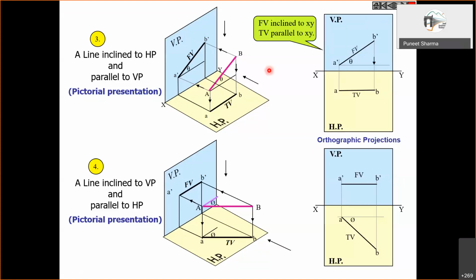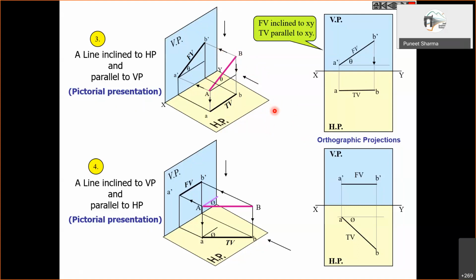If this inclination of this line AB is theta with the horizontal plane, then whether it is parallel to the vertical plane or not, its distance of this B dash from the XY line will continue to remain the same, whatever is observed for this case when it is parallel.